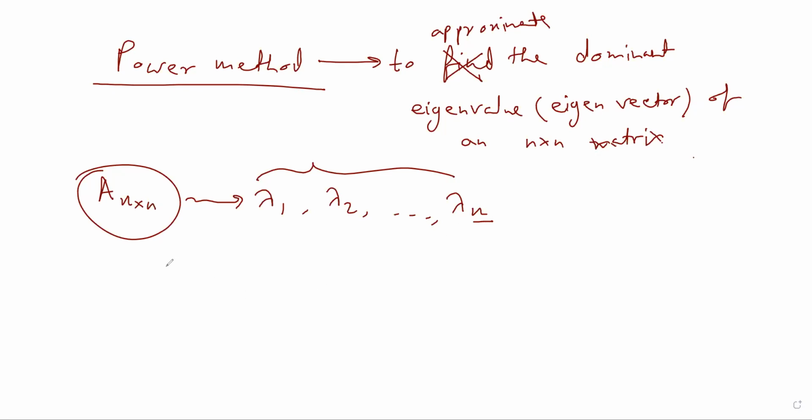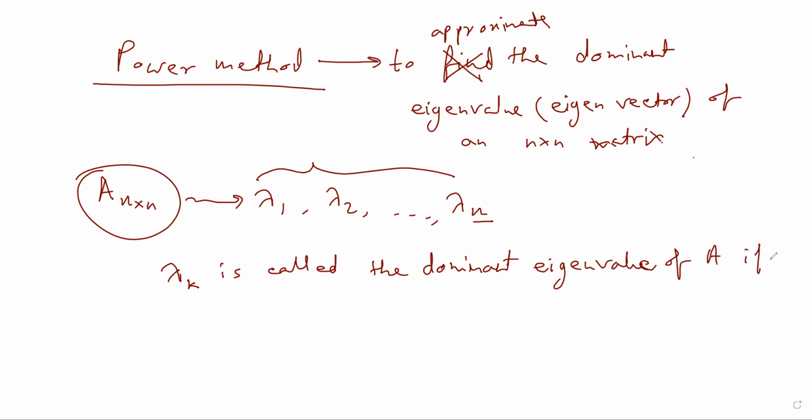Then, in particular, lambda k is called the dominant eigenvalue of A if the following condition is satisfied: the absolute value of lambda k is greater than the absolute value of all the other eigenvalues lambda i, where i runs from 1 to n and i is not equal to k, of course.